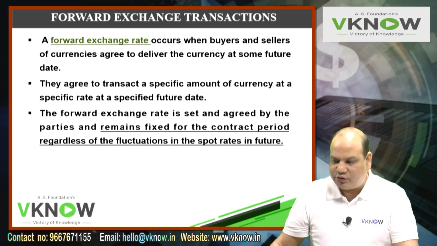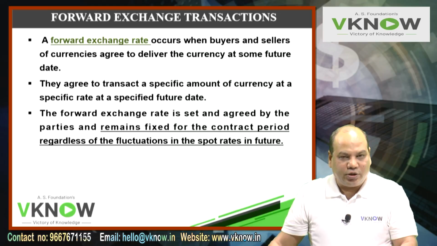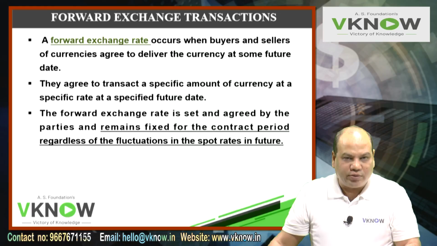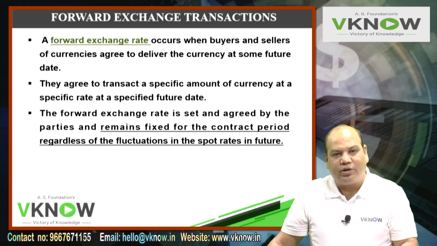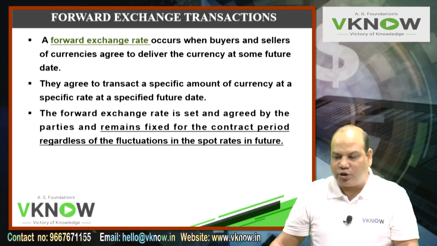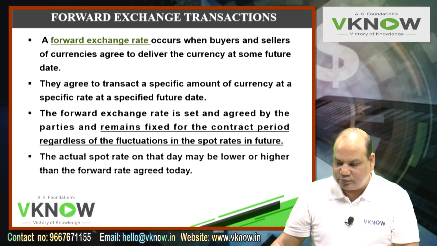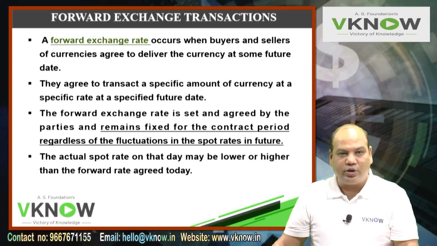The rate of exchange which we use in a forward contract is called the forward rate. Spot rate means rate as on today. Forward rate is the rate that will be applicable to a future transaction. However, the rate is negotiated well in advance. The actual spot rate on that date may be lower or higher than the agreed forward rate.